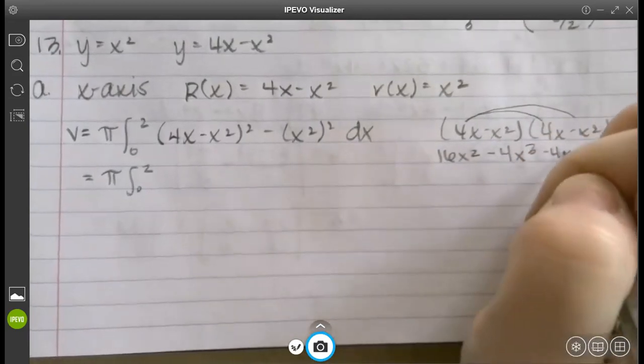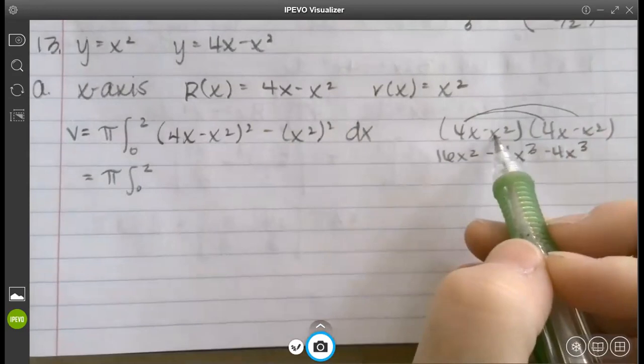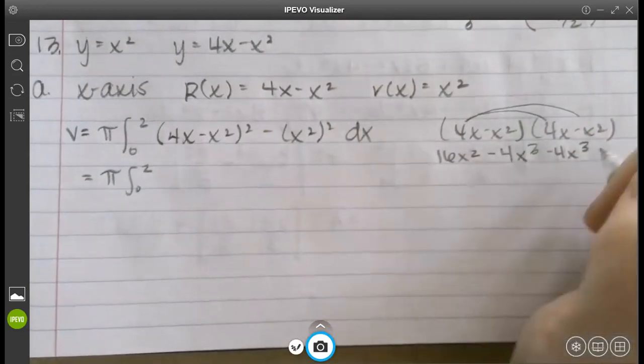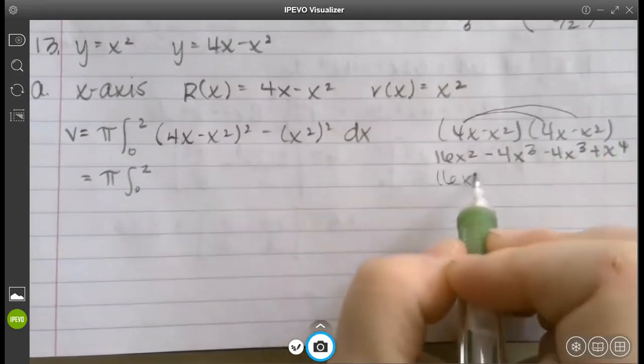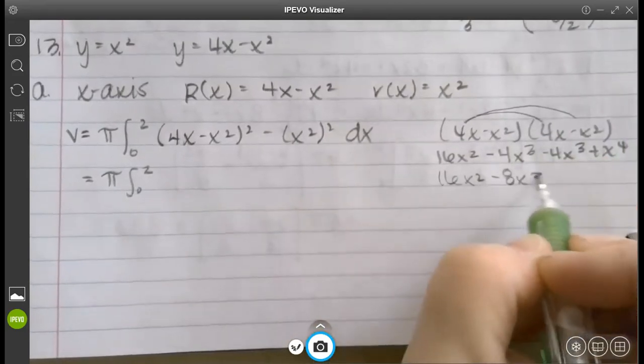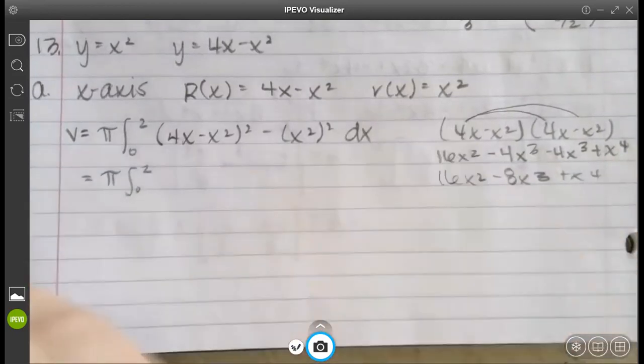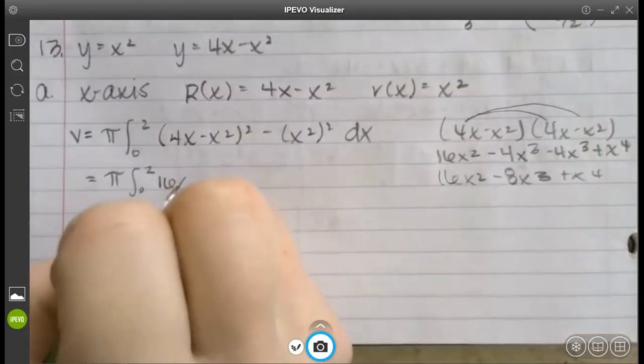The middle one is going to be the same. And then negative x squared times negative x squared is positive x to the fourth, which gives you 16x squared minus 8x to the third plus x to the fourth. So I'm going to go ahead and write that there.